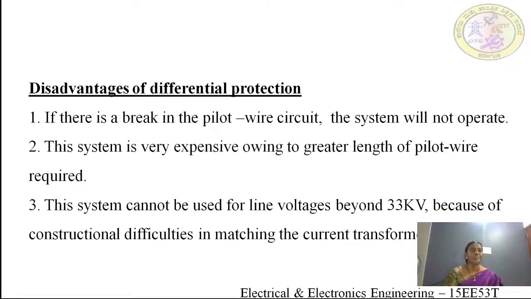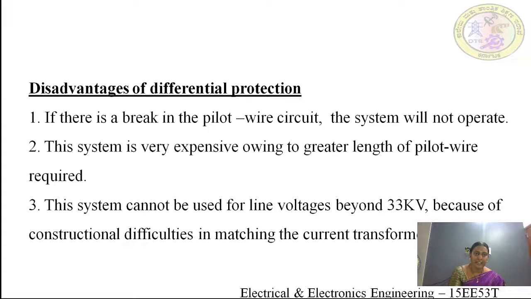Next, see what are the disadvantages of a differential relay. If there is a break in the pilot wire circuit, the system will not operate. In the differential relay, at the beginning of the line we introduce one CT, and at the end we introduce one CT.